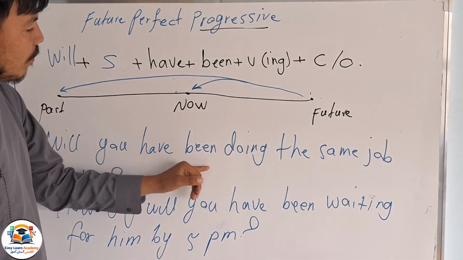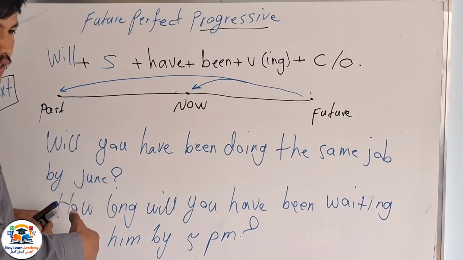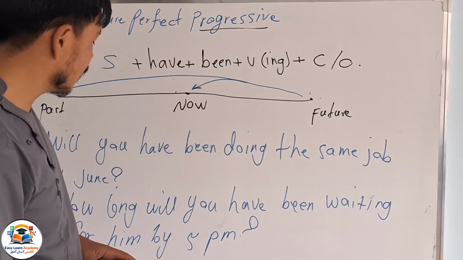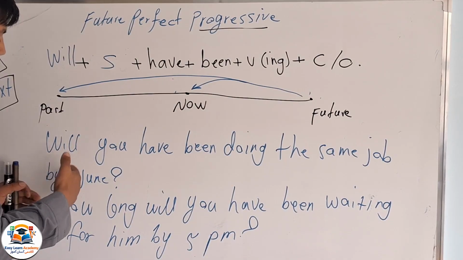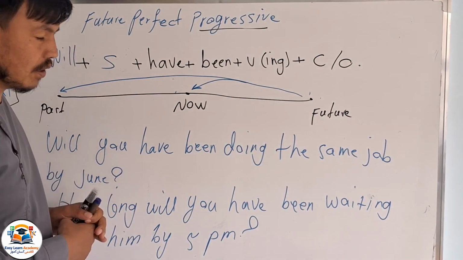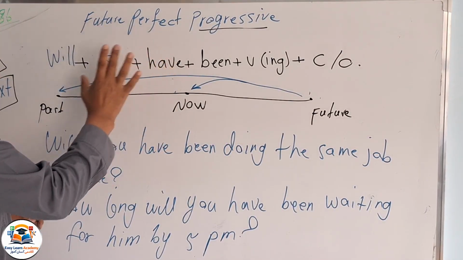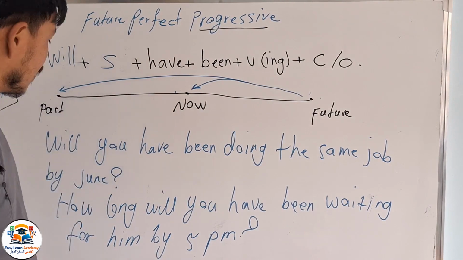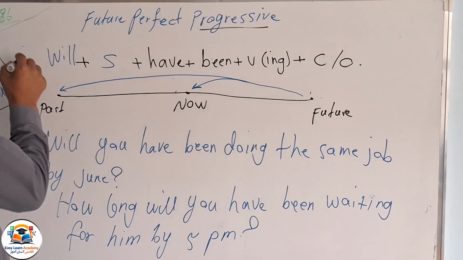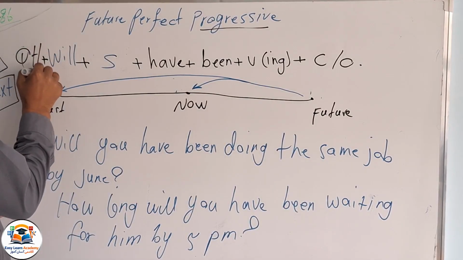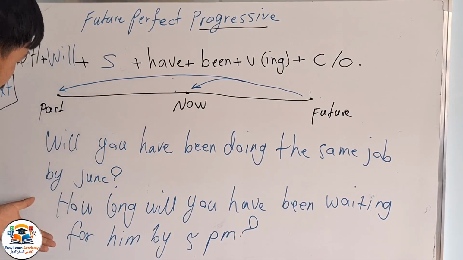So when you have been doing the same job by June, so June is 2 months ahead, then it's future time. And if you continue the same job, it means you need to use this structure for asking questions. Okay, and for a WH question, you only need to put the WH word at the beginning of this structure, like this.